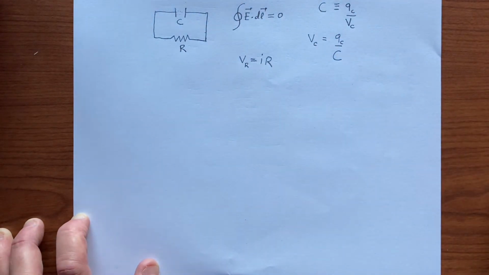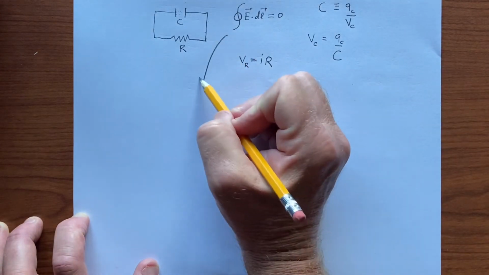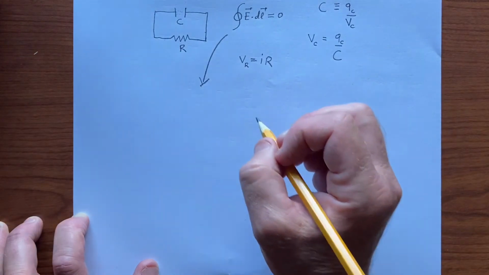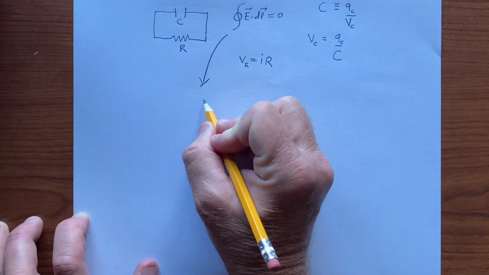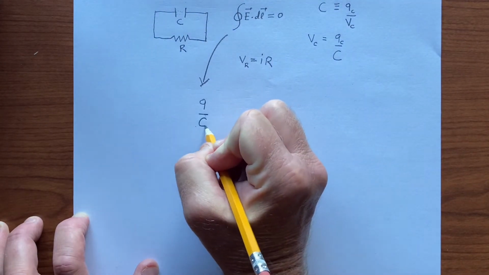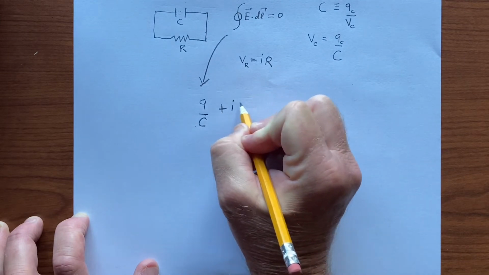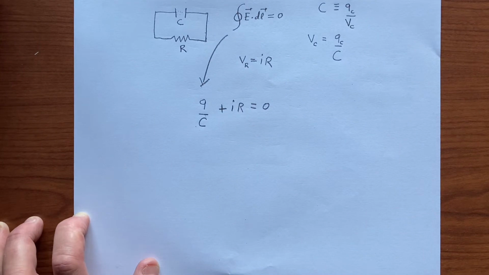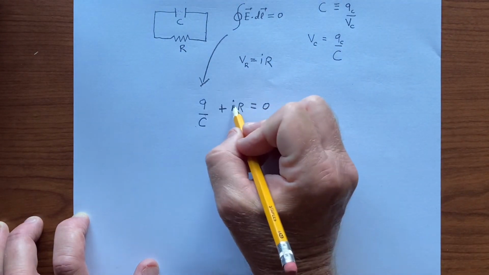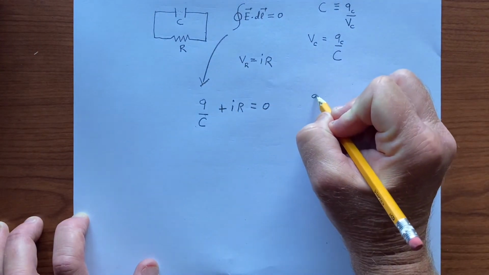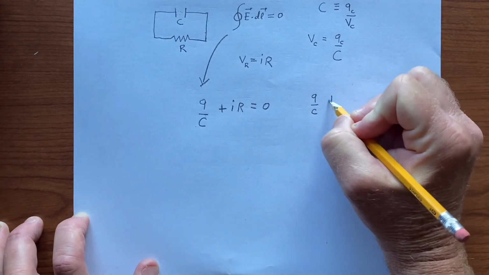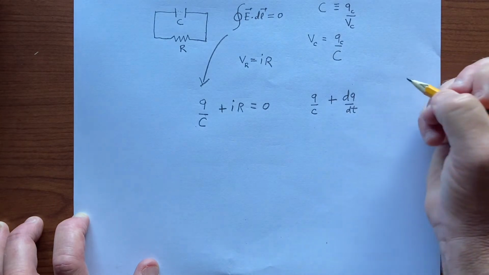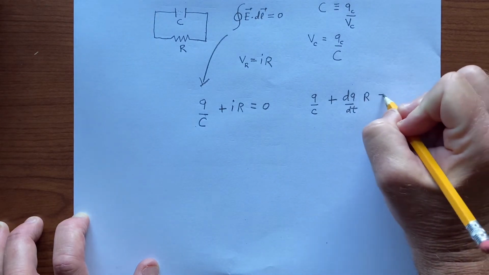So our circuit equation becomes Q over C plus I times R, and that should be equal to 0. But these two are not independent, so we get Q over C plus dQ by dt, that's what I is, times R equals 0.